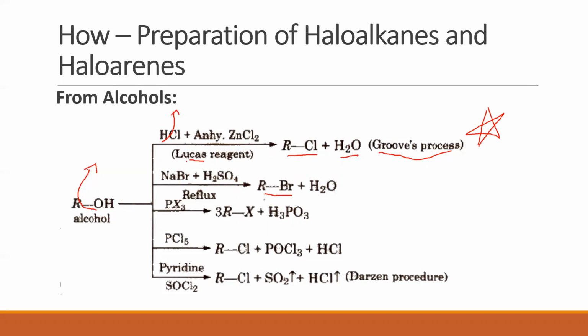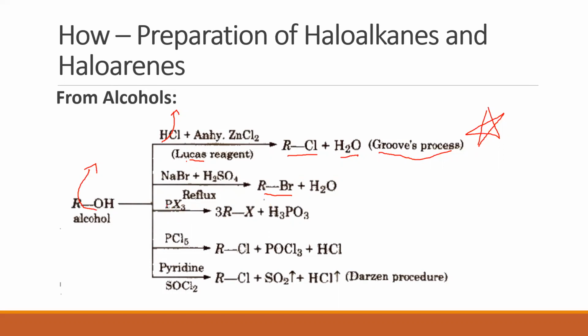OH minus is taken away by H plus, which is given away by H2SO4. Br gets substituted in place of OH minus to give us the alkyl bromide.